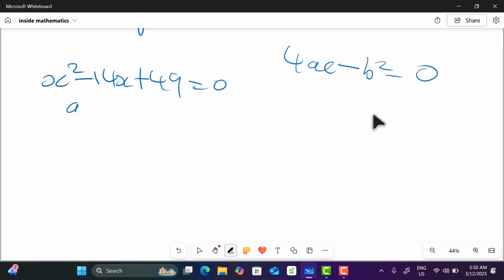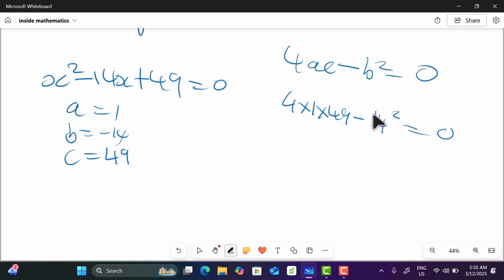In this case, a is equal to 1, b is equal to minus 14, c is equal to 49. So if we substitute here, it's 4 times 1 times 49 minus 14 squared is equal to 0.